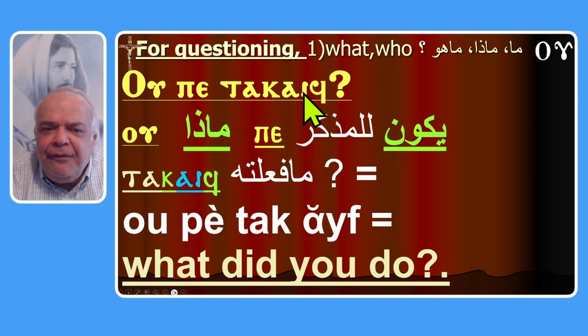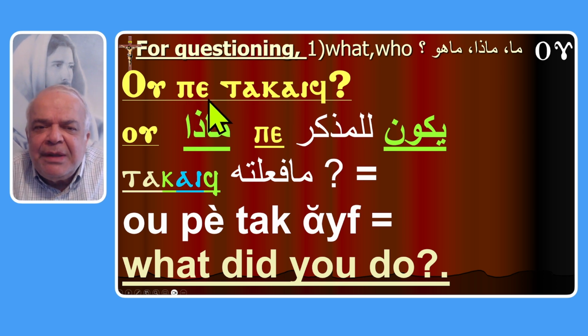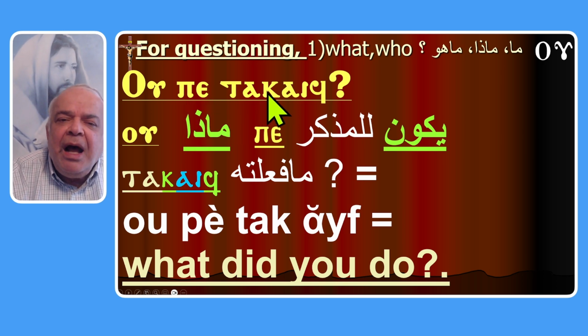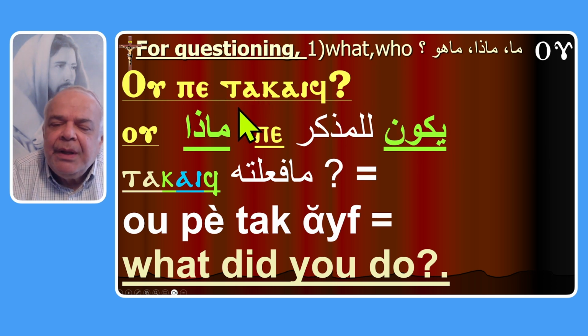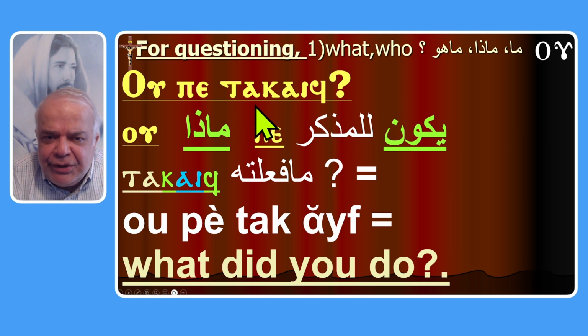What P tak aif, O, epsilon, what? P is verb to be, for masculine singular. Ta of alpha is for possession, adjective, for female.